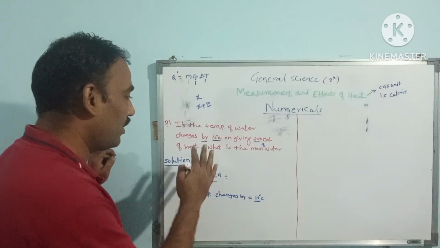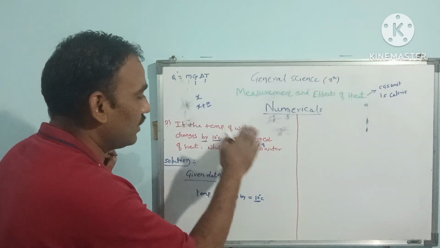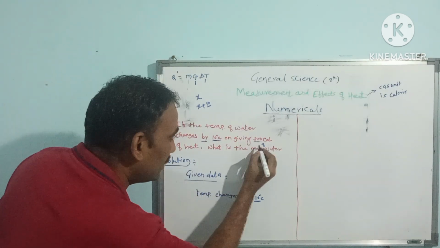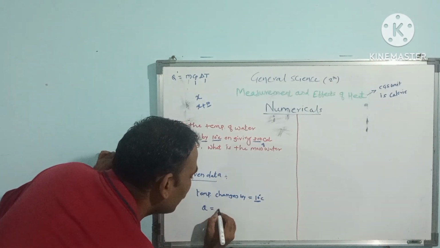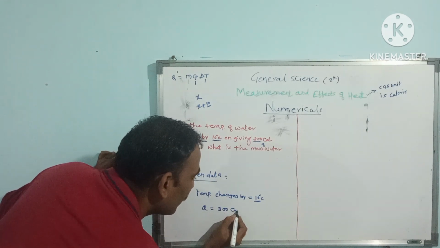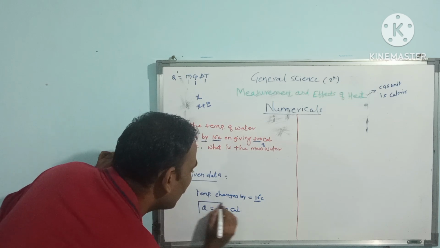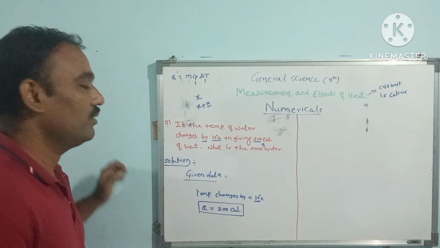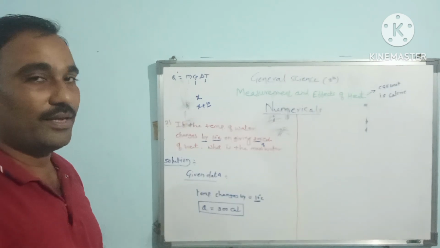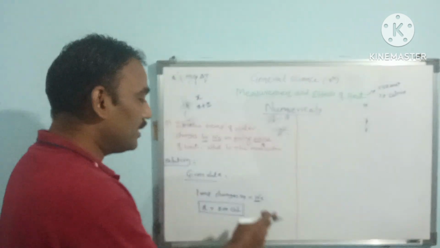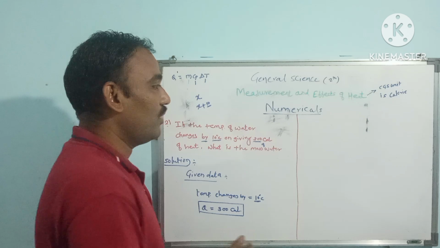First of all, write whatever data we have. The amount of heat Q is equal to 300 calorie. Q is nothing but the amount of heat supplied to water, that is Q is equal to 300 calorie. Now see, this 10 degrees Celsius is a difference, but how?